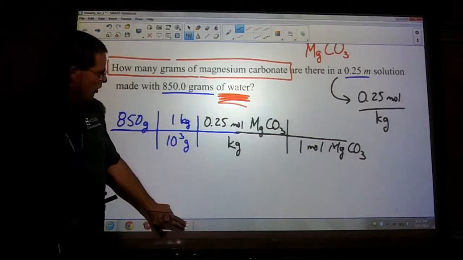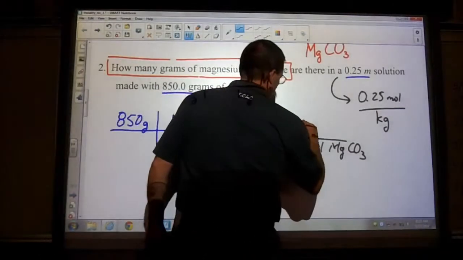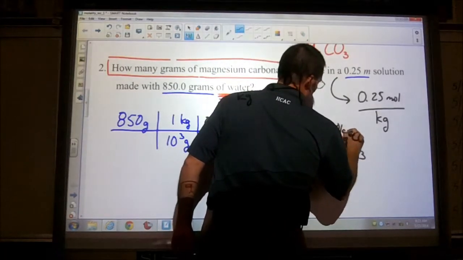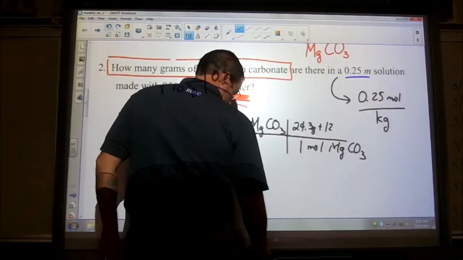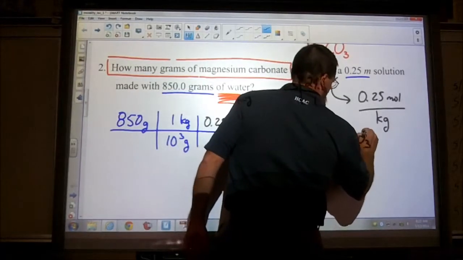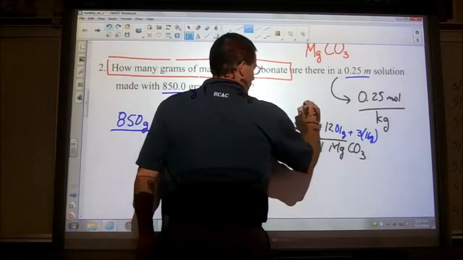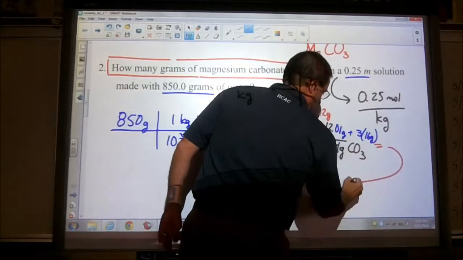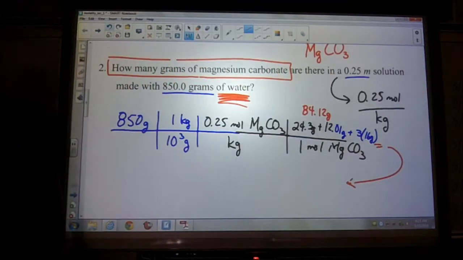All right, so the mass of magnesium is 24.3, and carbon's 12.01, and of course there's oxygen. So the whole thing is, what is that, 84.12. And then when you type that all in, you get like, what, 17.9 grams?